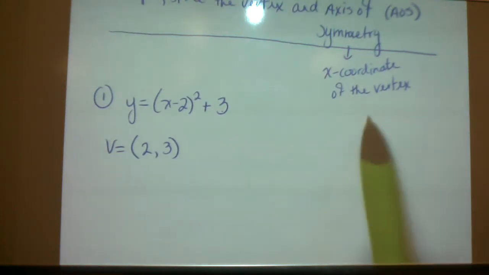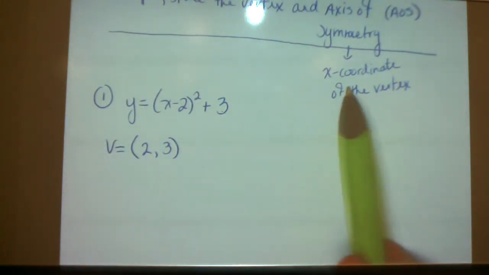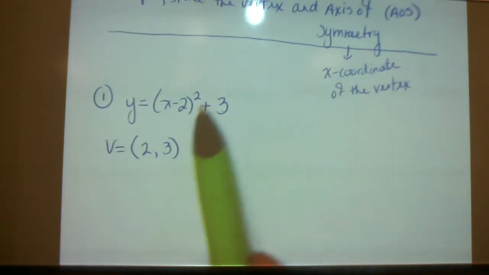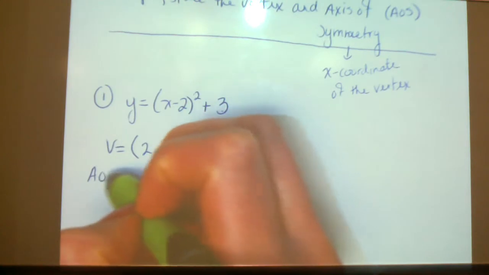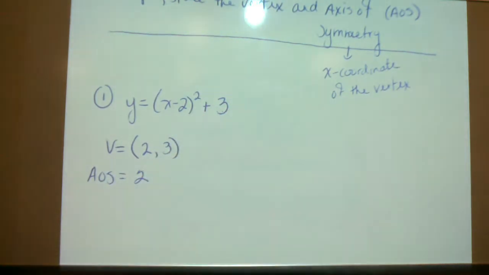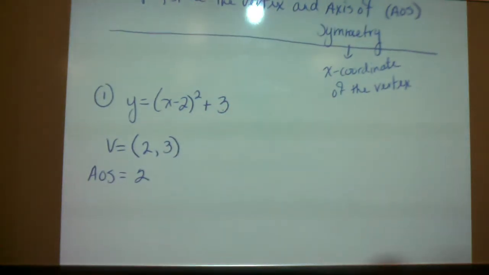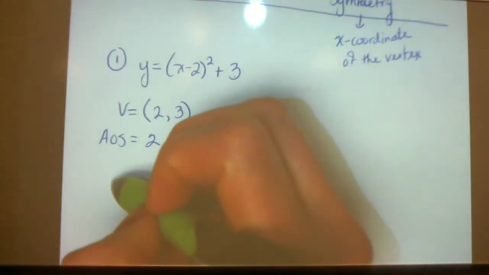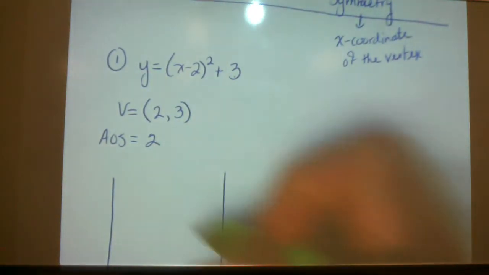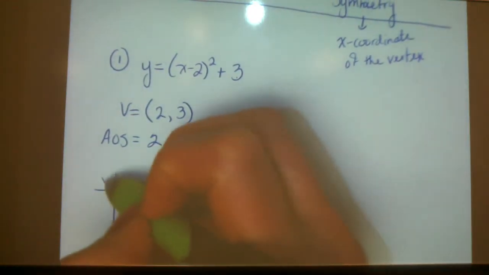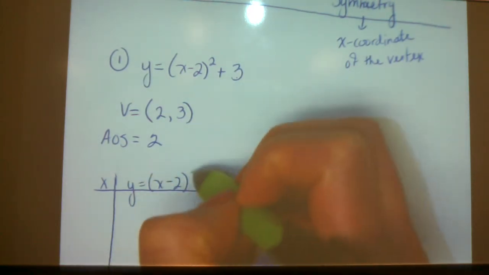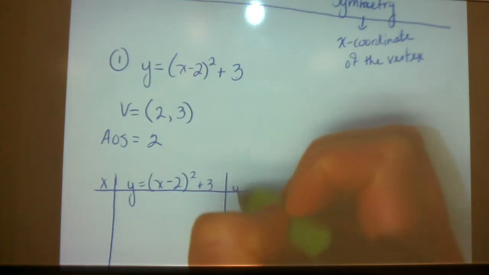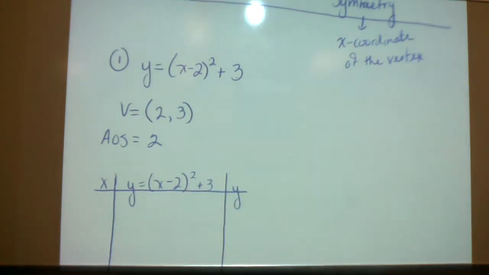Now I just told you the axis of symmetry is the x coordinate of the vertex. Well, the x coordinate of the vertex is 2, so I know my AOS, axis of symmetry, is 2. Now we're going to graph it. I'm going to take that equation, put it in the center of my table.